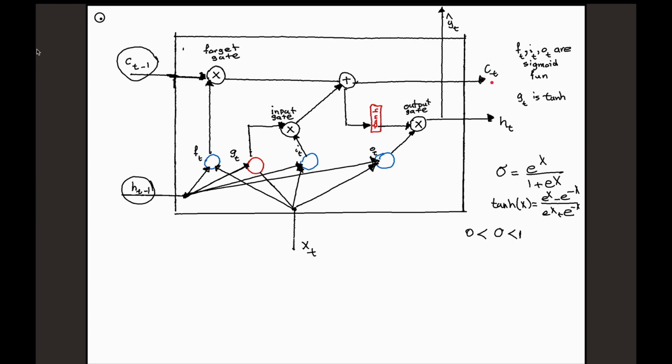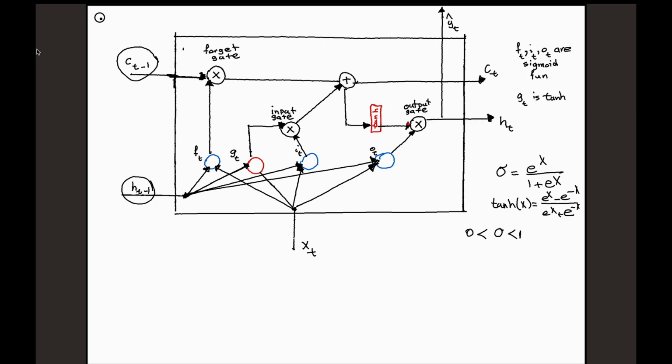So this long-term state goes through a hyperbolic tangent, and then it multiplies by another thing, which is the output gate. Again, this is a number between 0 and 1. When it's very close to 0, nothing from it will go to the short state later.